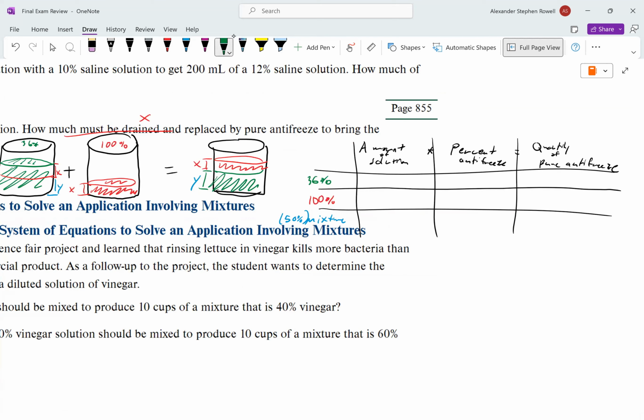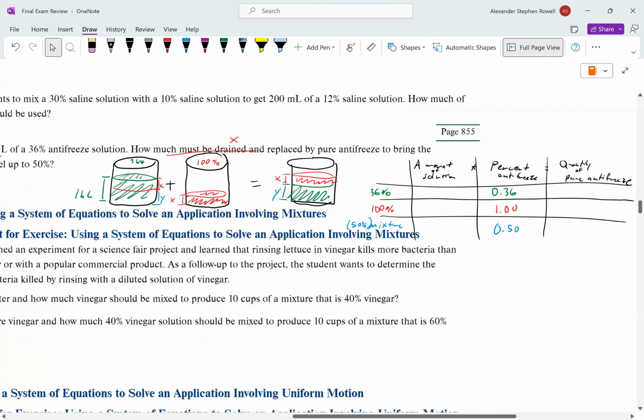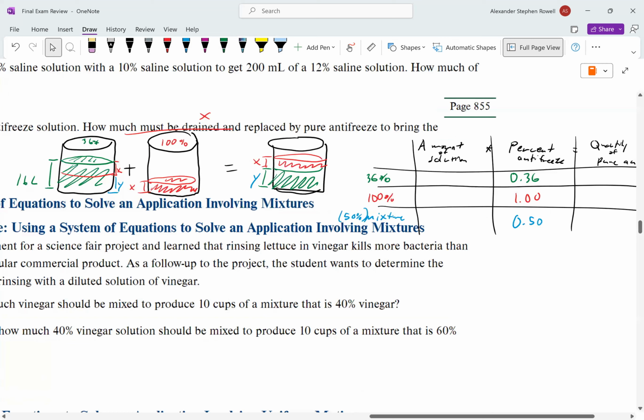So we'll go ahead and fill in the percentages as decimals. 0.36. What's 100% as a decimal? Yes, 1, and 50%, 0.5. Okay, so the hard part is filling in these variables, but based on our picture, we said the unknown amount we're draining and filling with antifreeze is x.